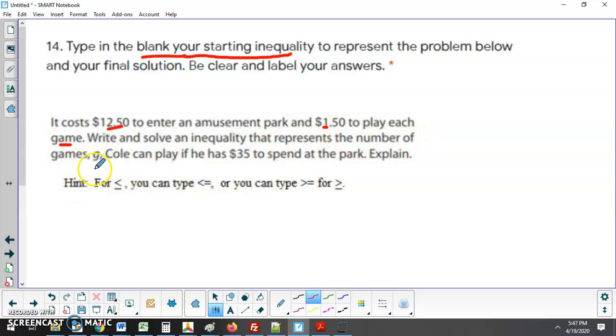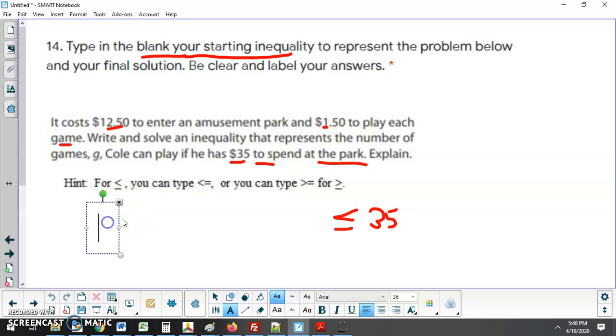So we don't know how many games, so we're using a variable. He has $35 to spend at the park, which means all his money can't be more than $35. It could be less than 35, it could be less than or equal to 35.